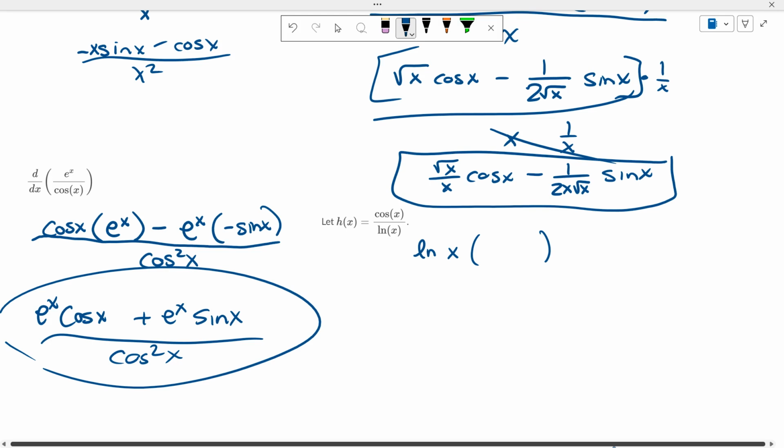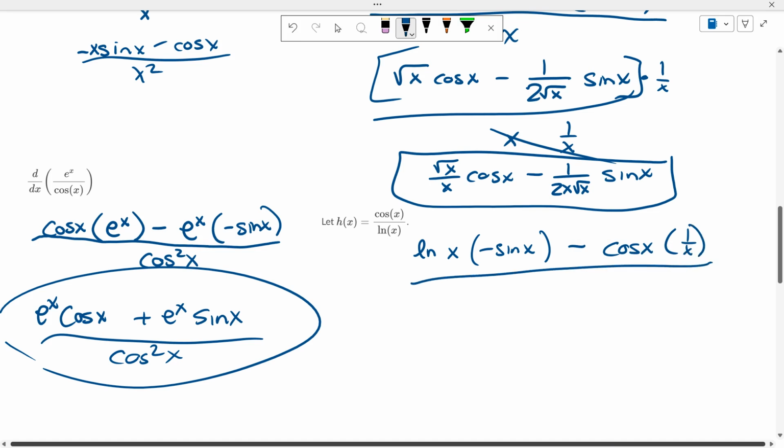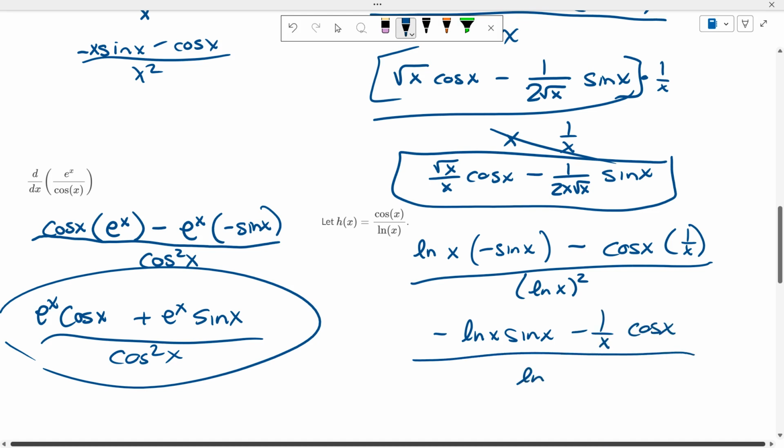Ln of x times the first derivative of the numerator, negative sine of x, minus the numerator times the first derivative of the denominator over the denominator squared. So negative ln of x sine of x minus 1 over x cosine of x over ln of x squared.